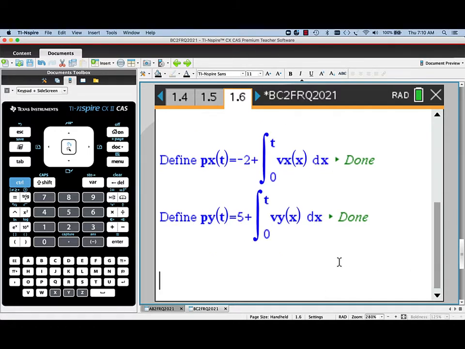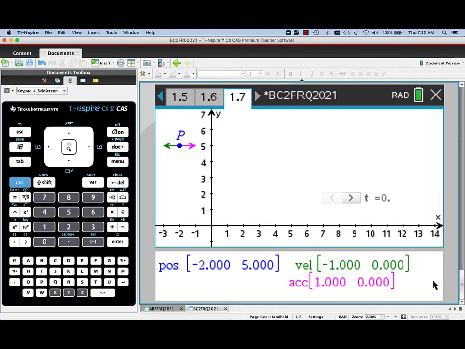To find the position x and y coordinates, for the x coordinate position px of t, we'll take the initial x coordinate of -2 at time 0, then we'll look at the net change in x coordinate by integrating the velocity x component from 0 to t and add that on. Similarly, for the y position coordinate, we take the initial y coordinate of 5 at time 0 and then add on the net change in y coordinate represented by the integral of the velocity y component.